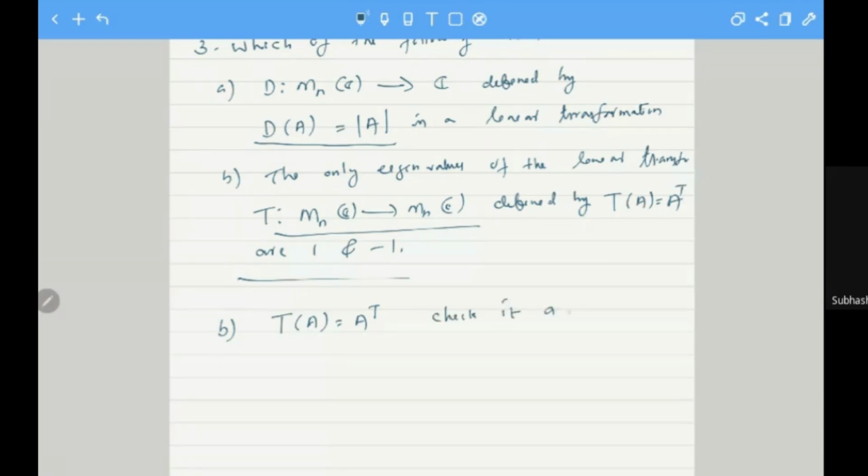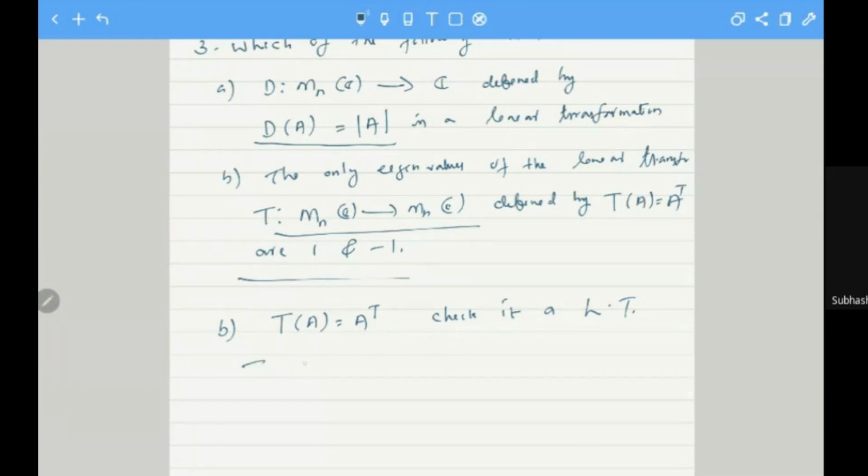Check that T is a linear transformation. So they are claiming the eigenvalues of this linear transformation are only 1 and -1. What do you mean by an eigenvalue of a transformation T?